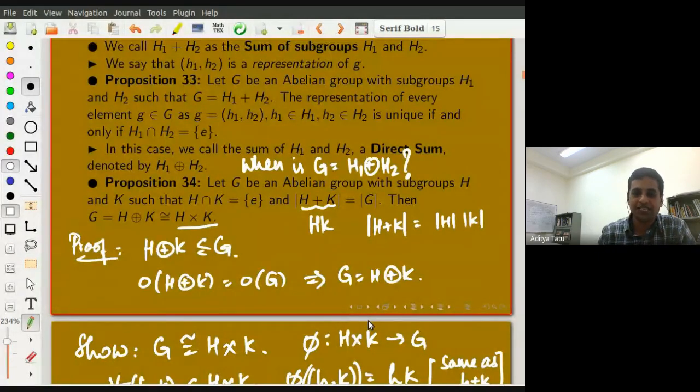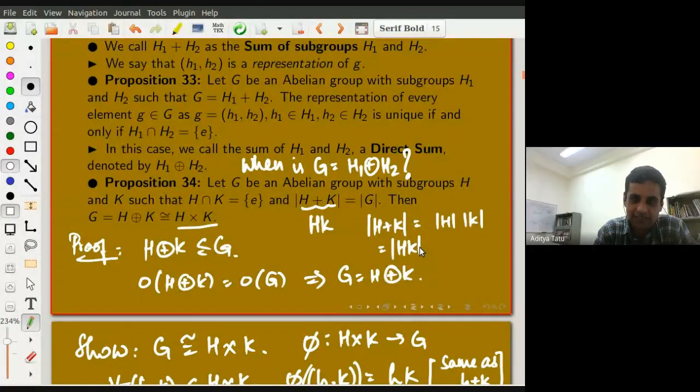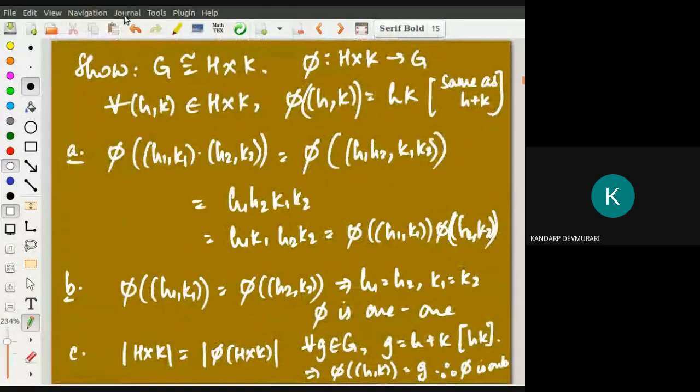This H plus K notation is confusing you. It is the order of H times the order of K divided by the order of H intersection K. Exactly. And in this case, the order of H intersection K is 1.